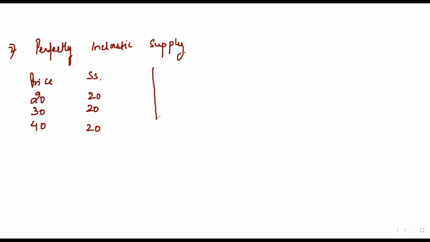So in this kind of a situation, how is the supply curve going to be? See, let us plot this and understand. Here we have QS and here we have price, right? So the price is increasing 20, 30, 40, right? But the supply is constant at 20. So don't you think this kind of a supply curve will happen here? Right?